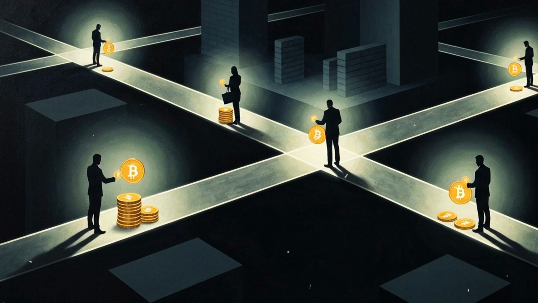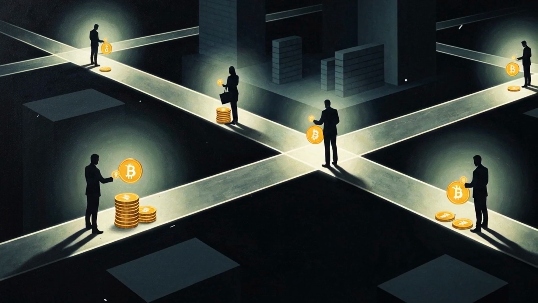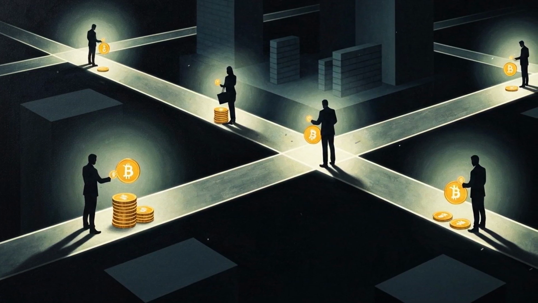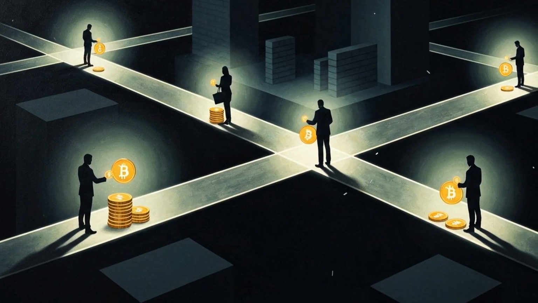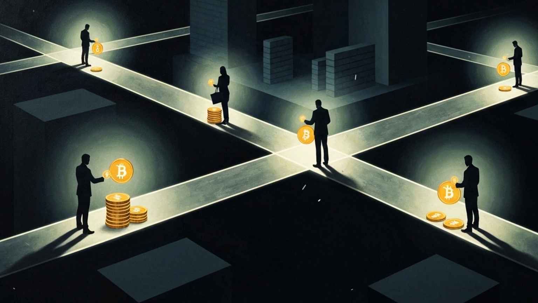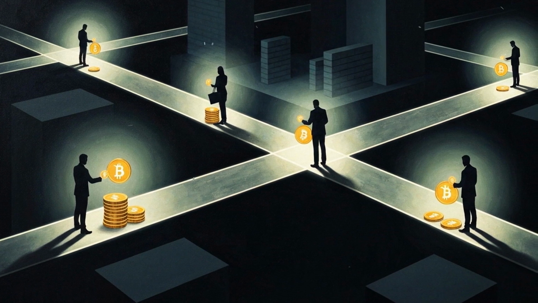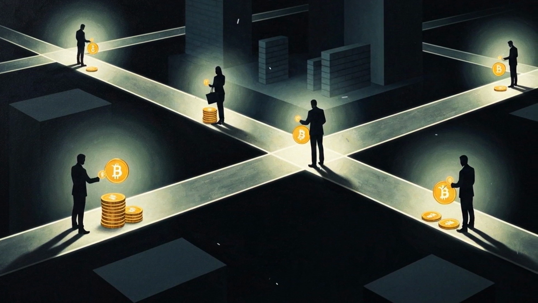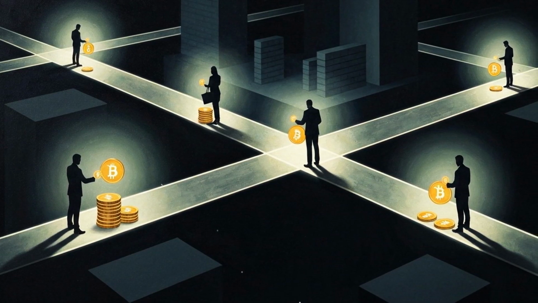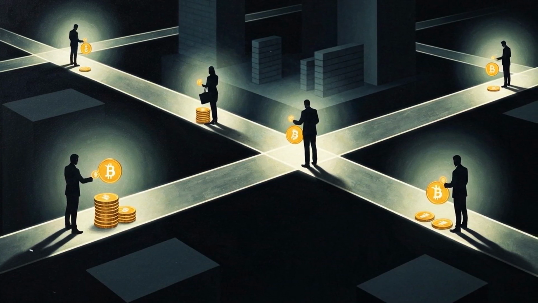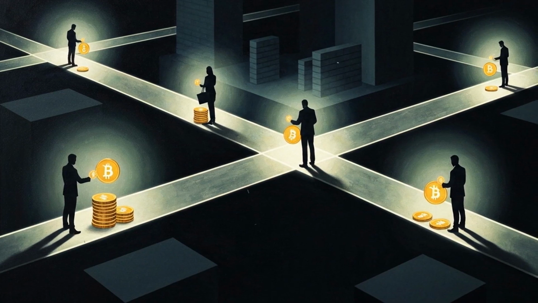This distributed ledger system eliminates the need for a central authority, such as a bank, to verify and process transactions, making it inherently resistant to censorship and manipulation. Think of it like a digital, immutable record book that everyone can access and verify, making fraud nearly impossible.